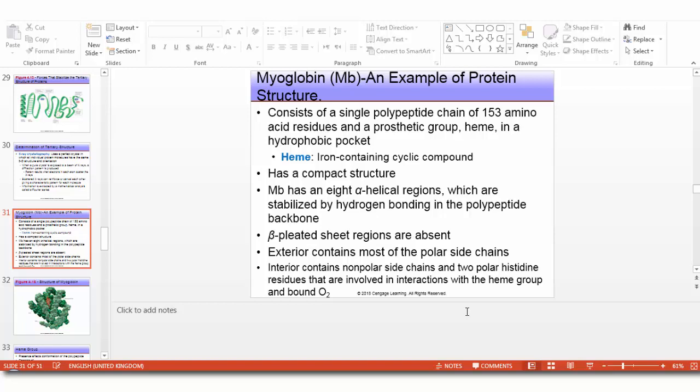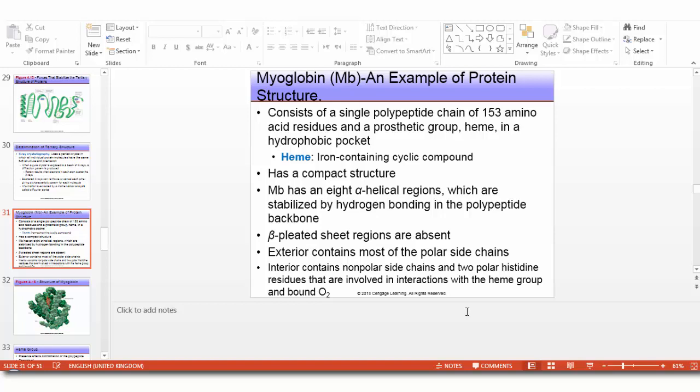Beta-pleated sheet regions are absent from myoglobin. The exterior contains most of the polar side chains. The interior contains non-polar side chains and 2 polar histidine residues that are involved in interactions with the heme group and with bound oxygen. So again, myoglobin has 8 alpha helical regions and no beta-pleated sheet.